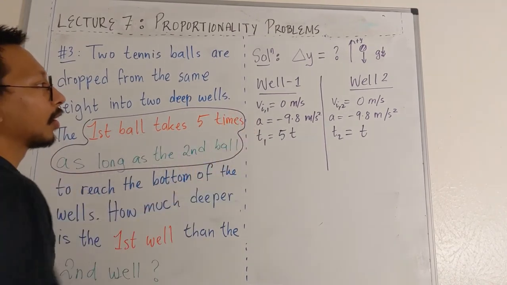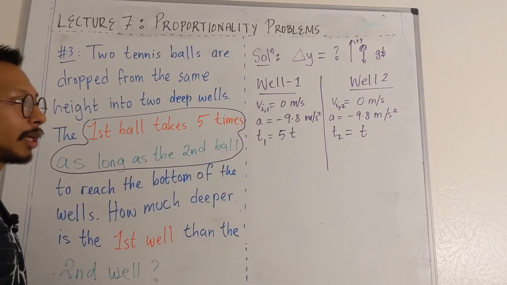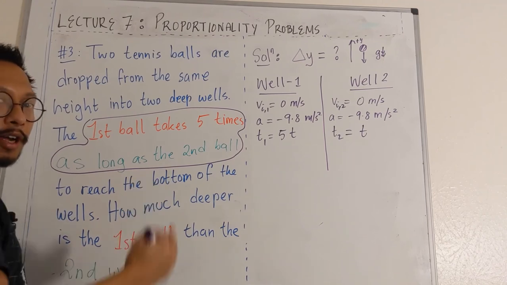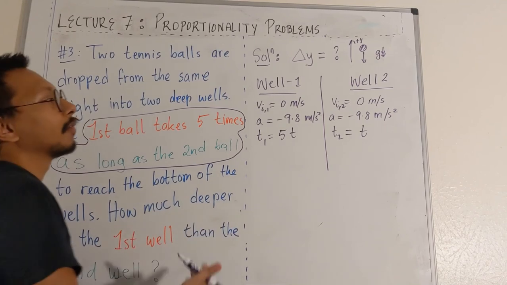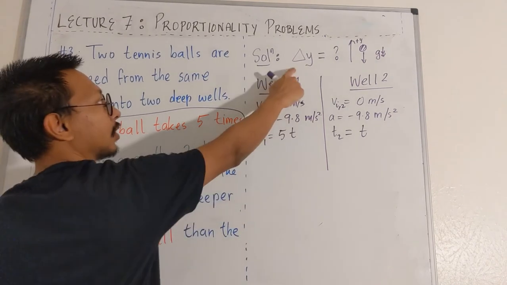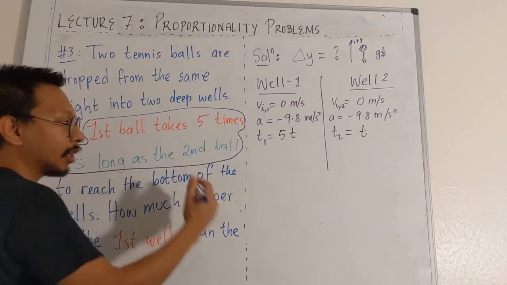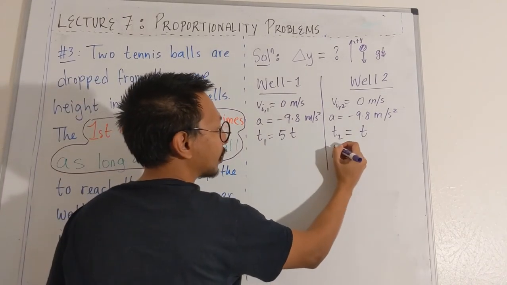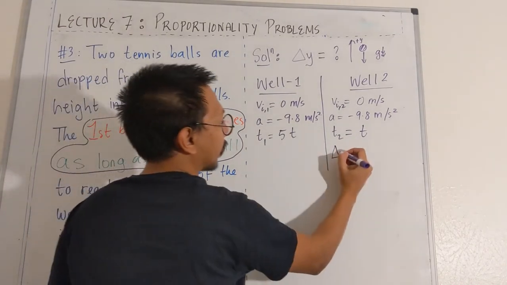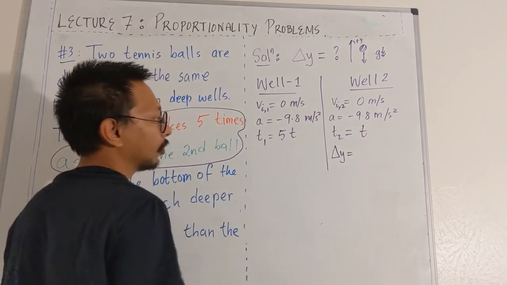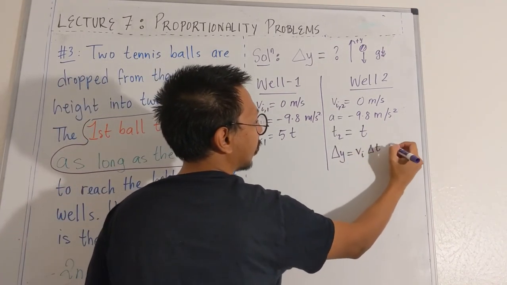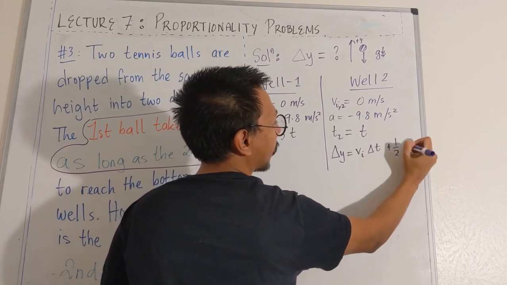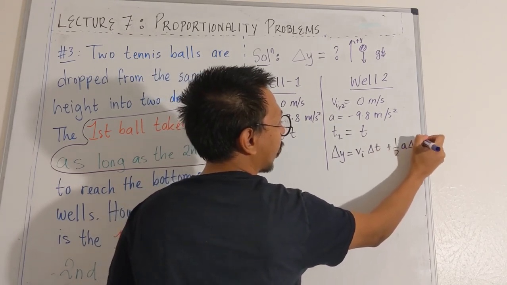So we can write down a kinematic equation using 3 variables, considering t to be known, and then find the 4th variable, which is my target, delta y. That kind of equation, if you look at your equations sheet, will be delta y equals vi times delta t plus 1/2 a delta t squared.